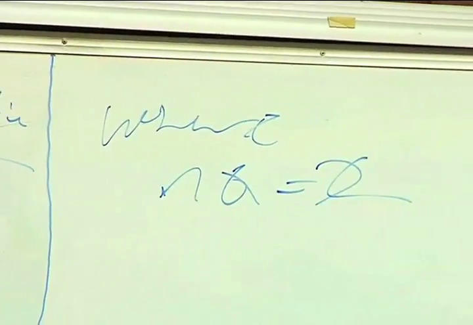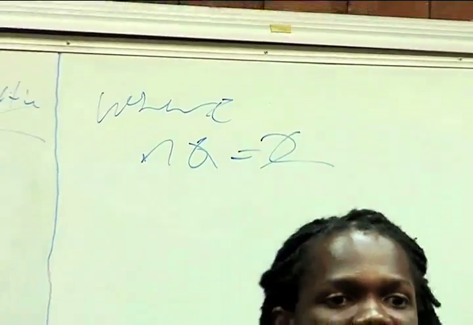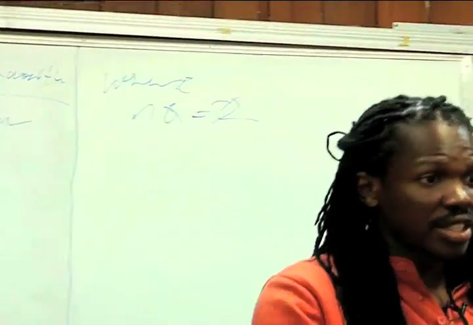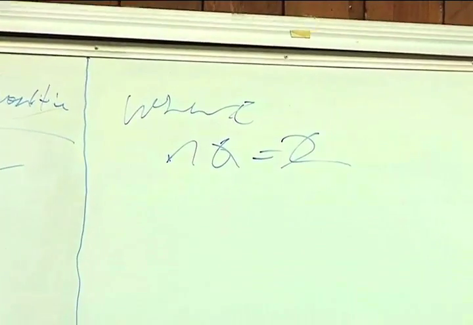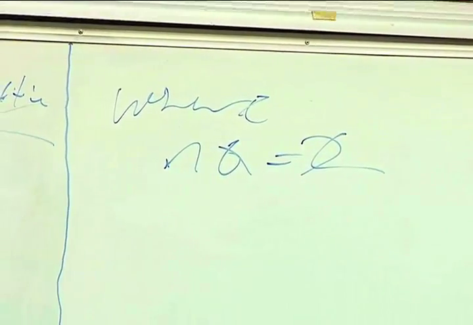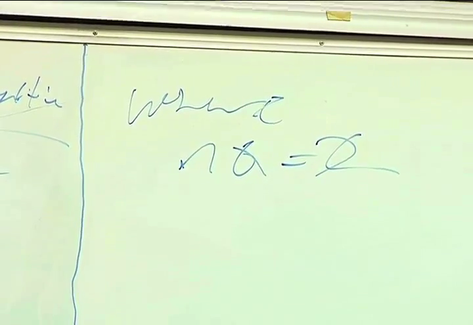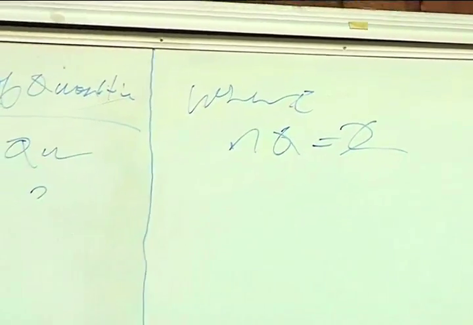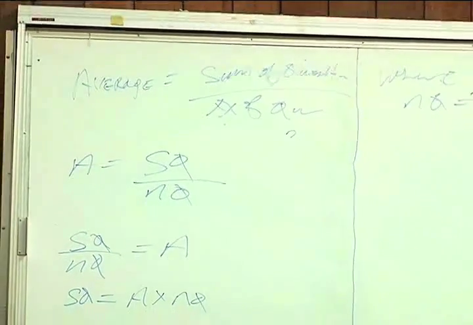NQ equals X, the number of quantities. Do you know the number of oranges in the box? How many oranges are in the box? You don't know. So then it's X.